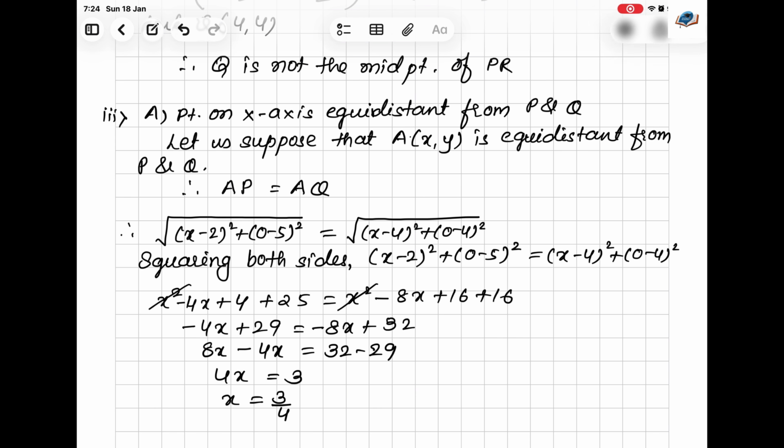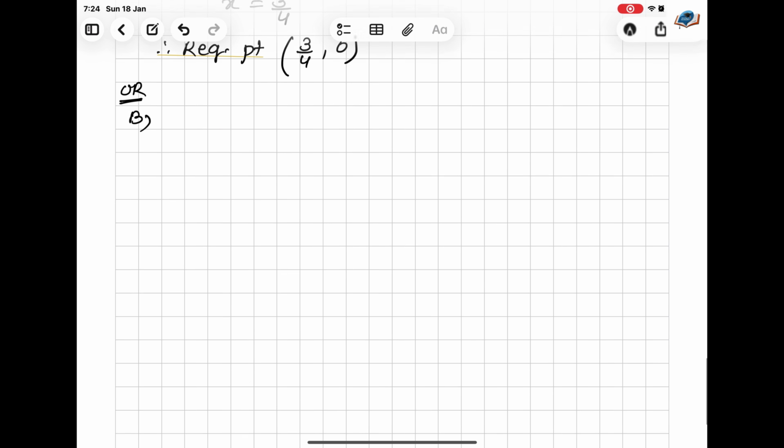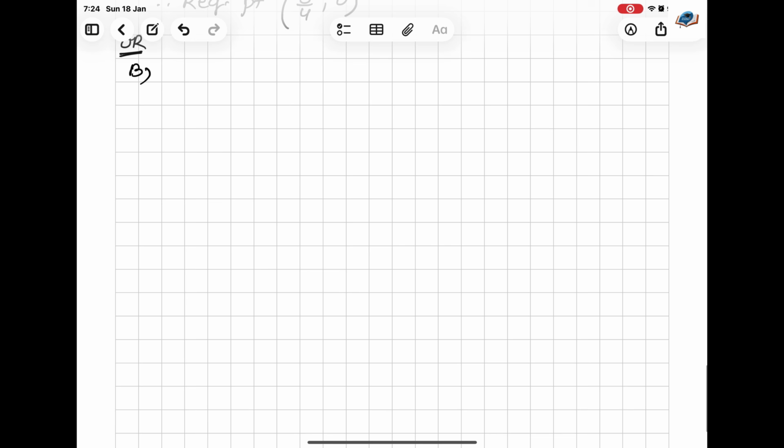So therefore required point will be 3 by 4 comma 0. Now here the second question, that is B1, it says let S be a point which divides the line joining PQ in the ratio.